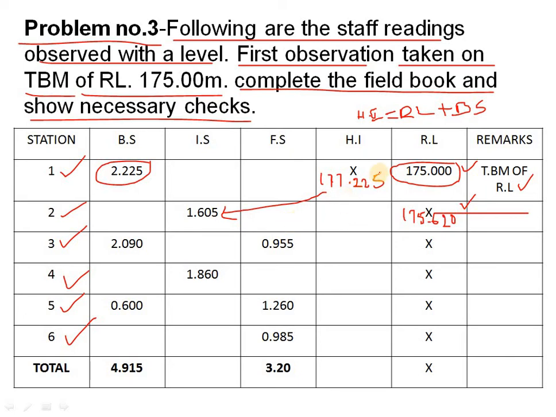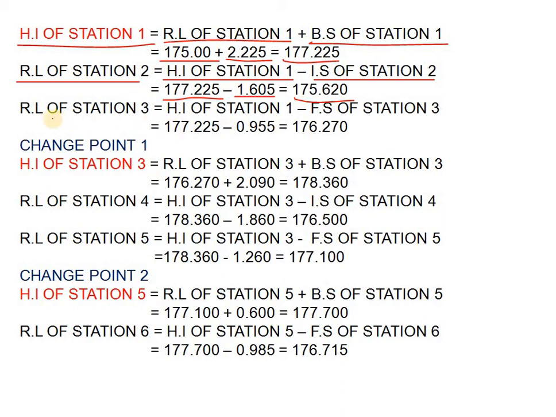Now to get the RL of the next station, what we have to do here? The same: 177.225 minus FS, that is 0.955. You can see here we have to write RL of station 3 is equal to height of instrument of station 1 minus foresight of station 3. Whatever we are doing, minus or plus, we have to write the station number and whether it is the backsight or foresight.